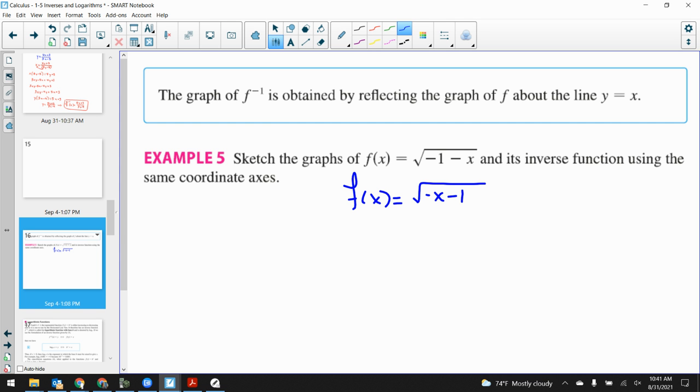Negative inside. Reflect over the y. Good. Reflect over the y. Then it's a minus 1 on the inside. What's that do? Move to the right one.